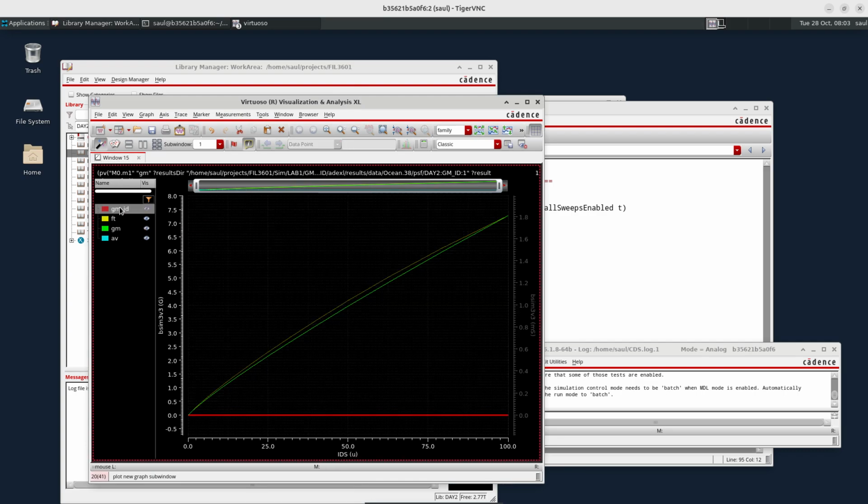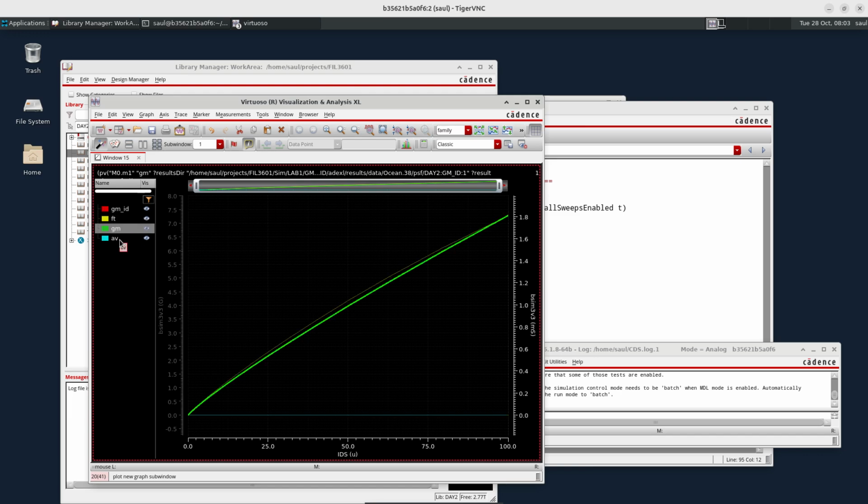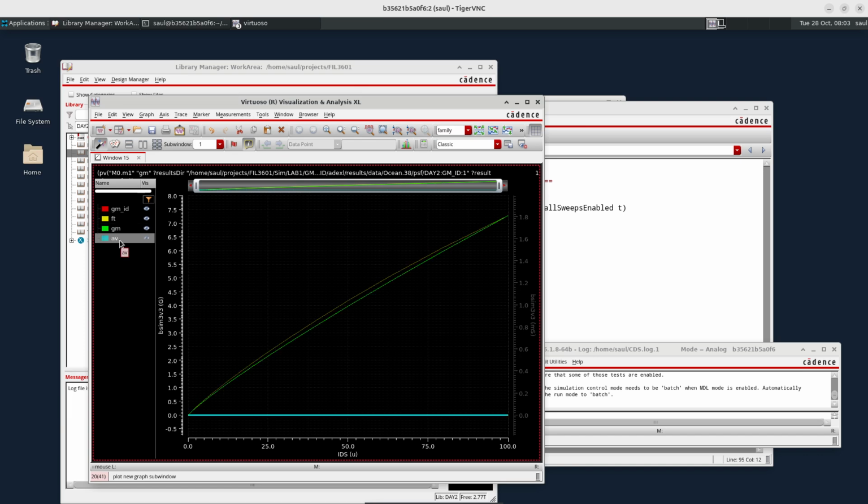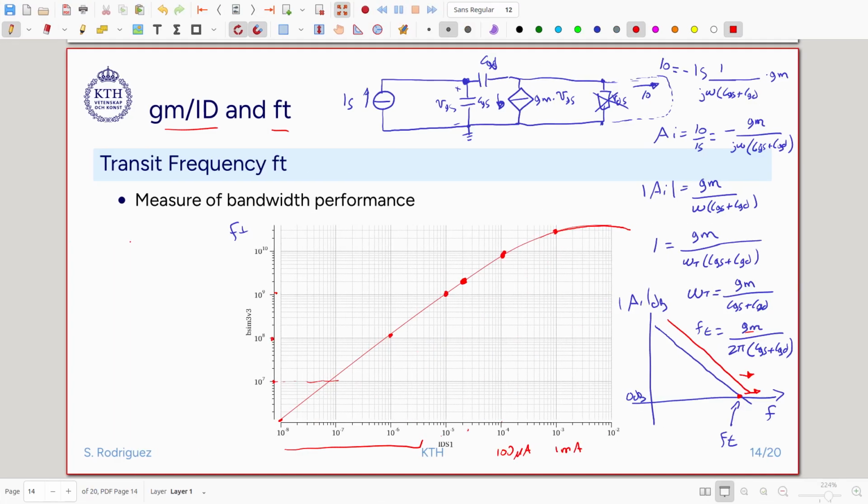Okay, so we have GM over ID, we have FT. I can also plot GM here, and I can also plot the intrinsic gain. So what is the intrinsic gain? Come back here. So the intrinsic gain of the transistor, assuming that there is no capacitors, we just have RDS, and then we have here VGS, and then GM VGS.